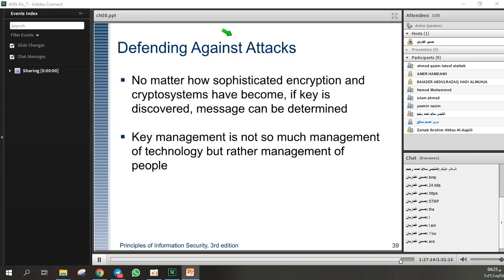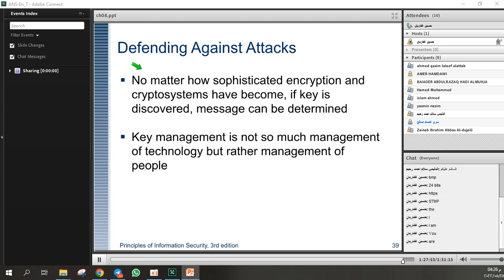How can I defend against them? No matter how sophisticated encryption and crypto systems have become, if the key is discovered, everything is finished. The sophistication of the encryption and crypto system is not important. If you go through programming languages, you can easily find those encryption algorithms.